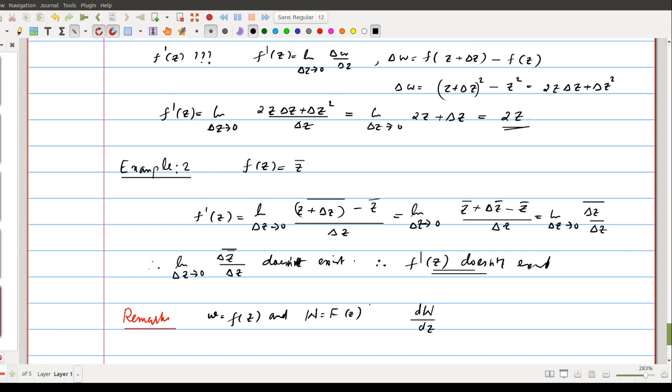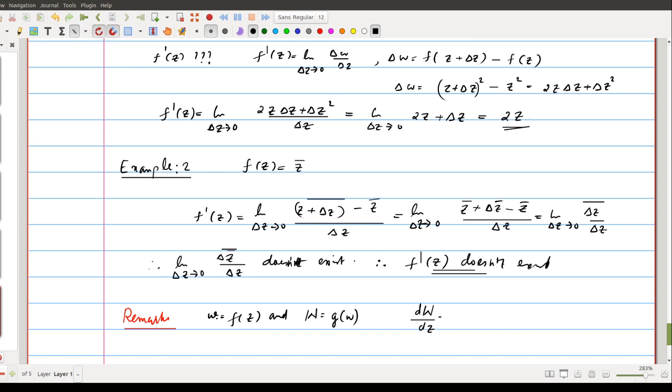I put it as g, so capital W is equal to some g of omega. So omega is a function of f of z, and g is a function of omega. This capital W can be considered as a function of z, because if you put omega equal to f of z, then this is g of f of z. So W can be differentiated with respect to z.